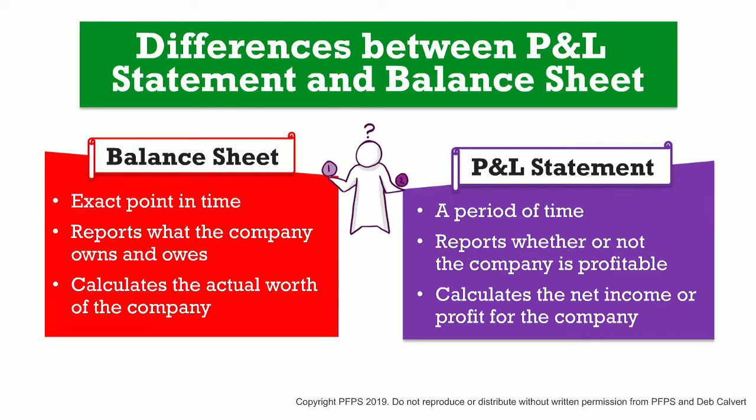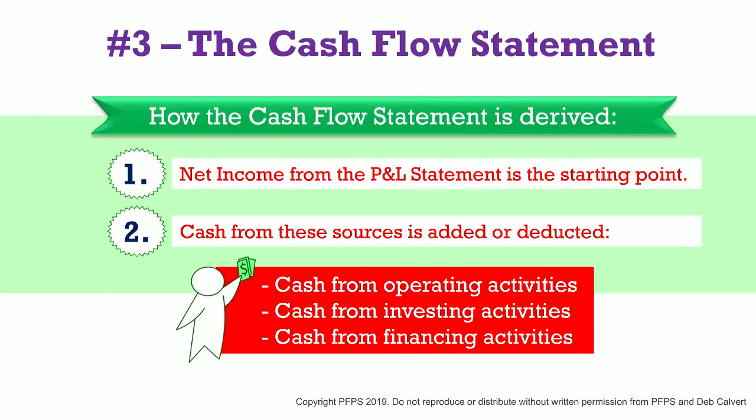Okay, one more report about a company's financial picture that we need to talk about, and that's called the cash flow statement. The cash flow statement reports any cash inflow or outflow over the course of the accounting period. An accounting period might be a month long, could be a week long, depends on what's going on in your organization and how it's set up.